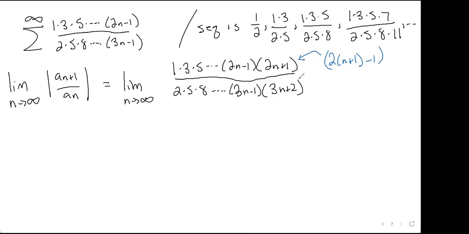As a kind of check, we said we were going up by 3s. If you add another 3 to 3n minus 1, the negative 1 plus 3 gets us to plus 2. So this is the next multiple of 3 that we would get.